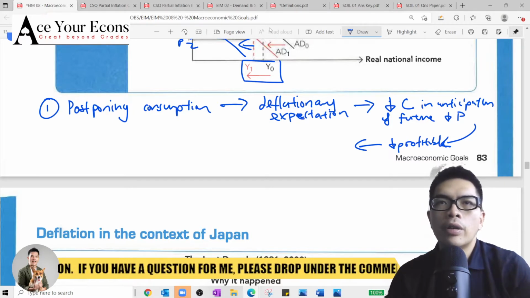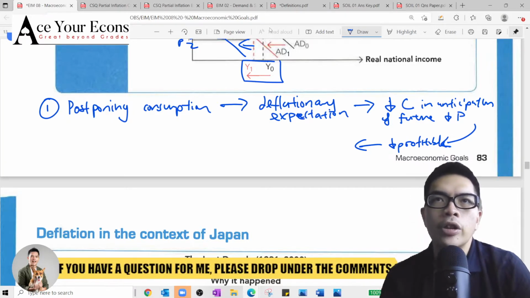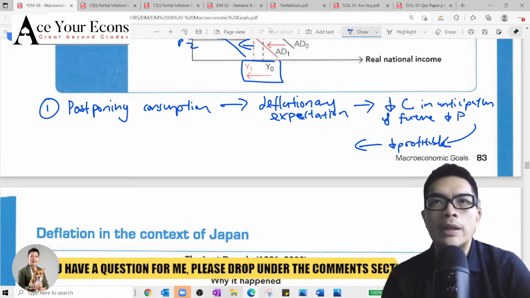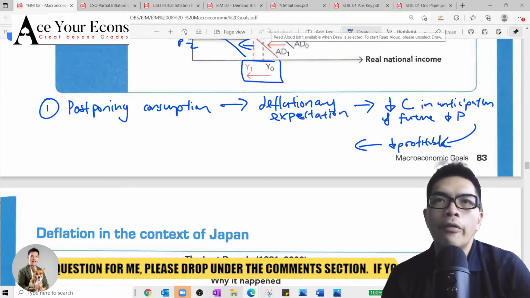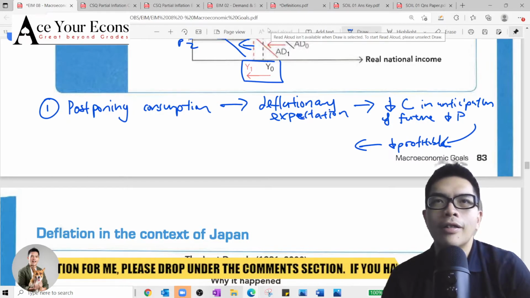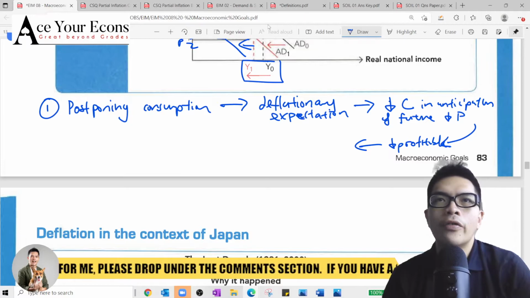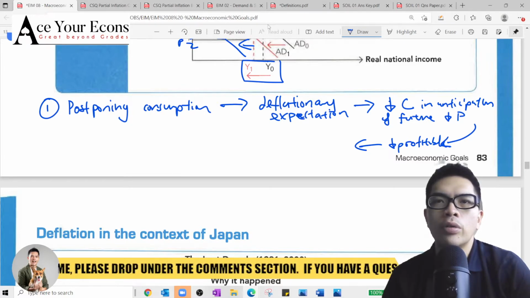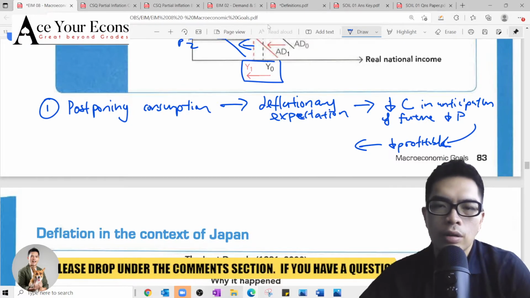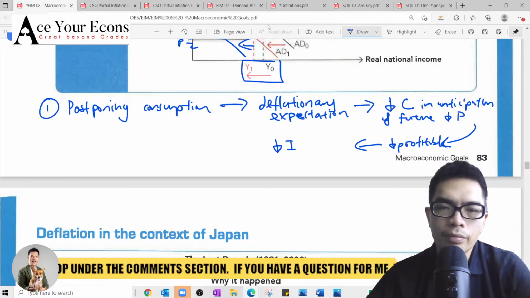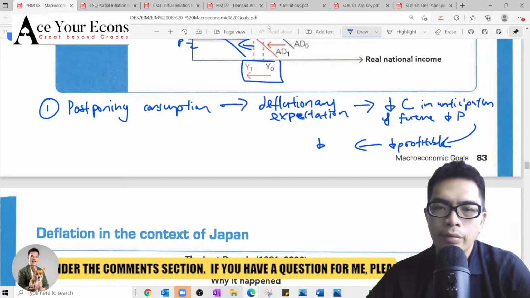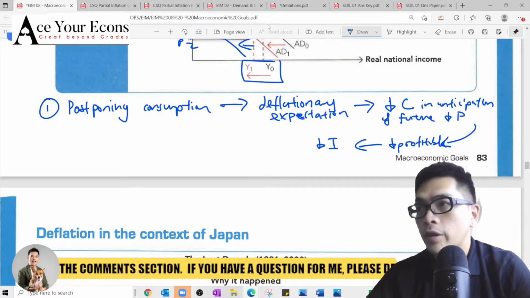Do they increase investment expenditure, or do they cut back on investment expenditure? If you are a phone manufacturer, would you invest in capital stocks to produce more phones or fewer phones? So you can see a fall in investment expenditure due to lower profitability.